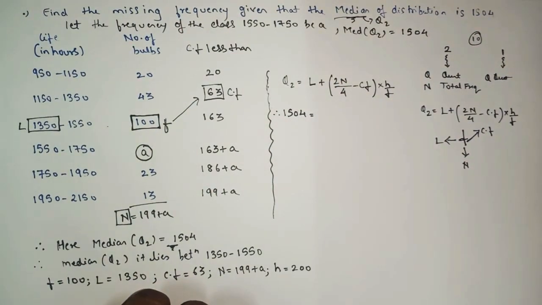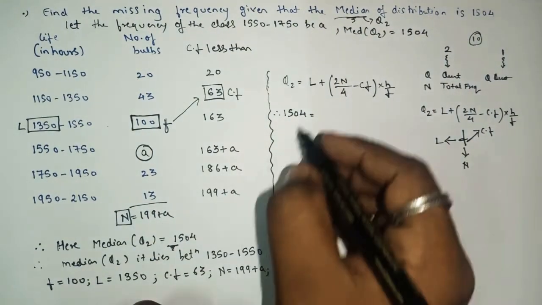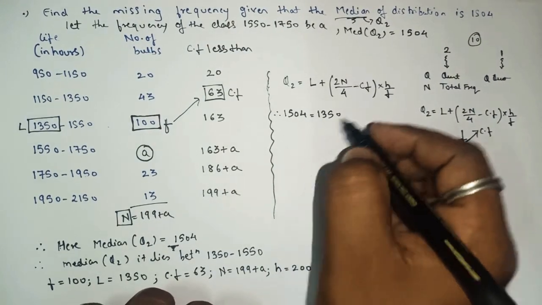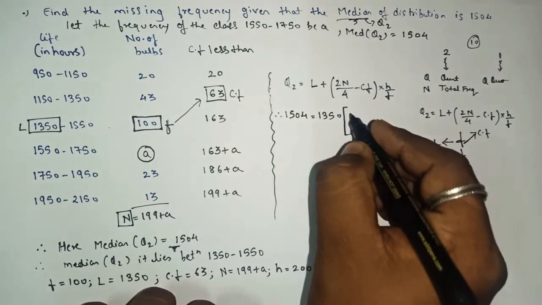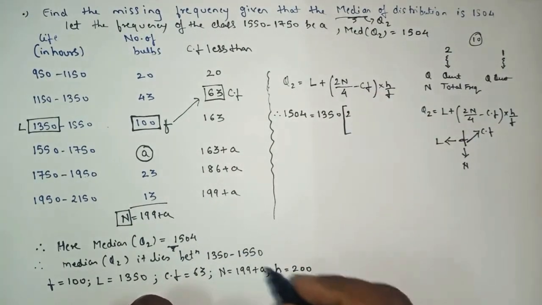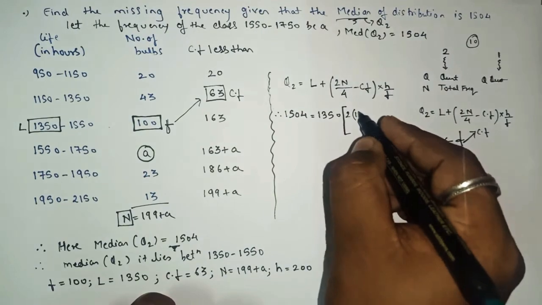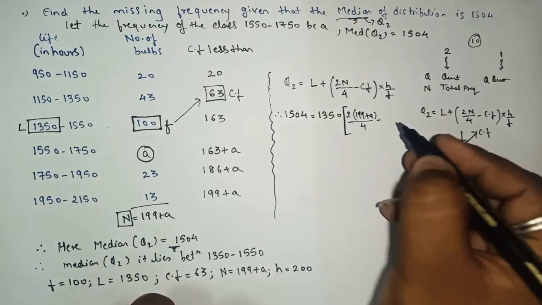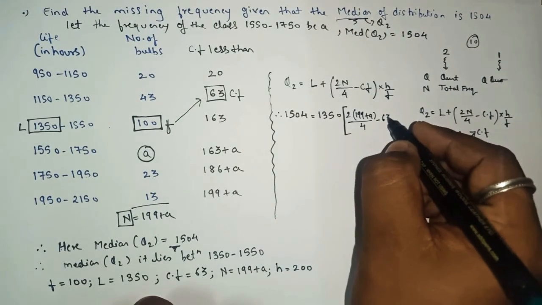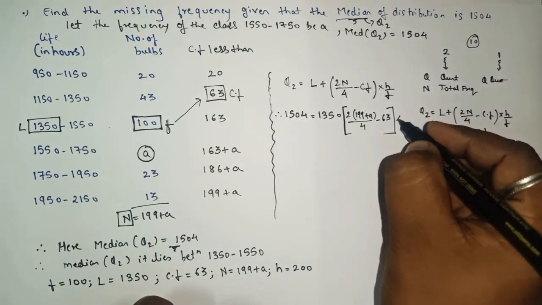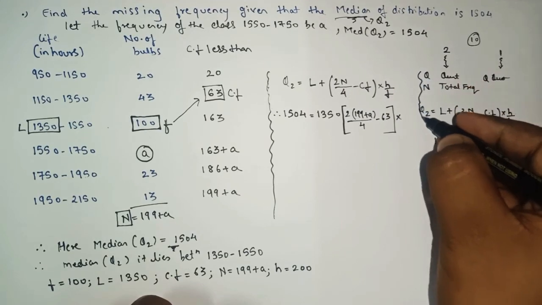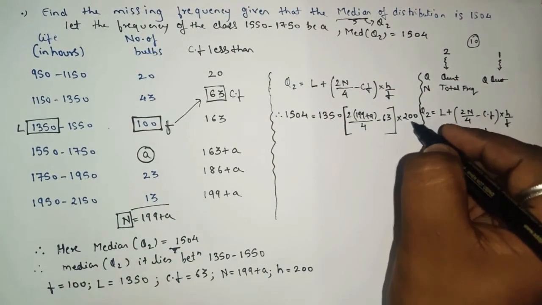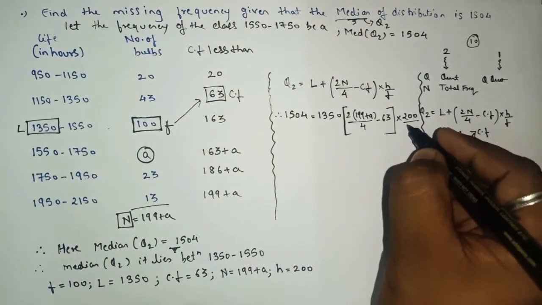Yes or no? The value of L is what? 1350. Okay. Then after that, 2, the value of n is what here? (199 plus a) upon 4, minus CF, which is what? 63, bracket close, into the value of h, which is what? 200, upon f, which is what? 100.